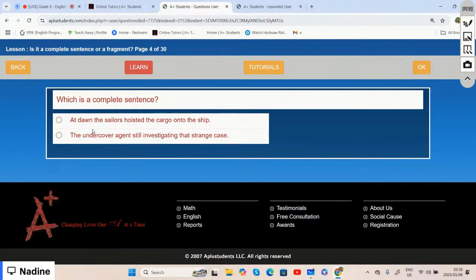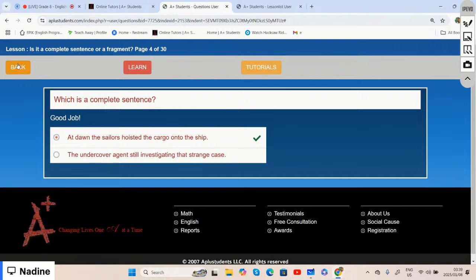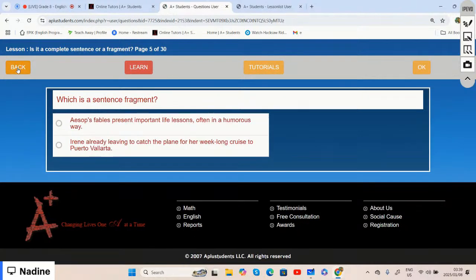We need to select either option one or option two. So a complete sentence. Let's go with the first one. Yes, the first one is correct.